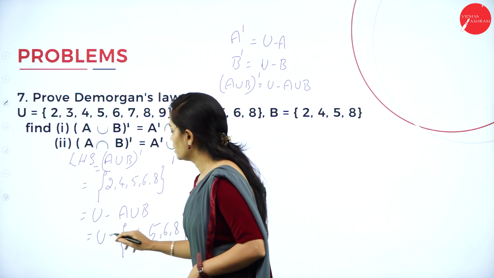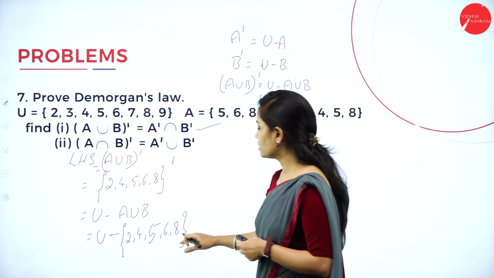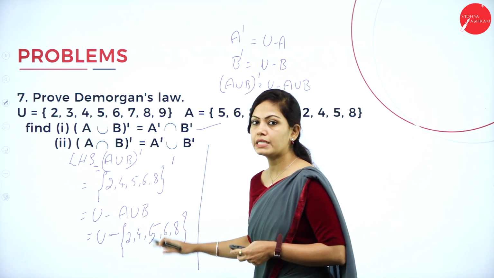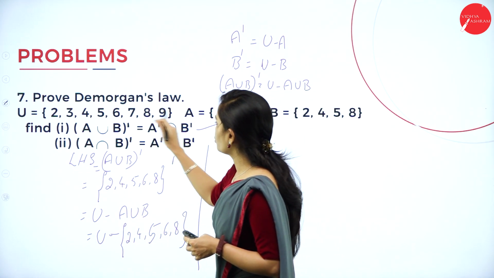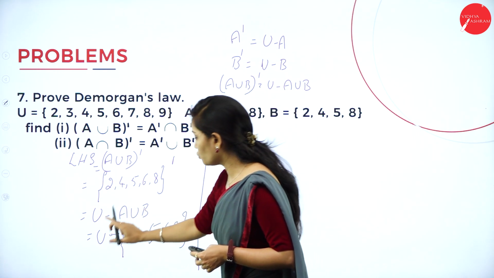Now you just check the set elements of the universal set with the A union B set. How to find the difference of two sets? Already discussed. Here you check the set elements of A union B with the universal set.